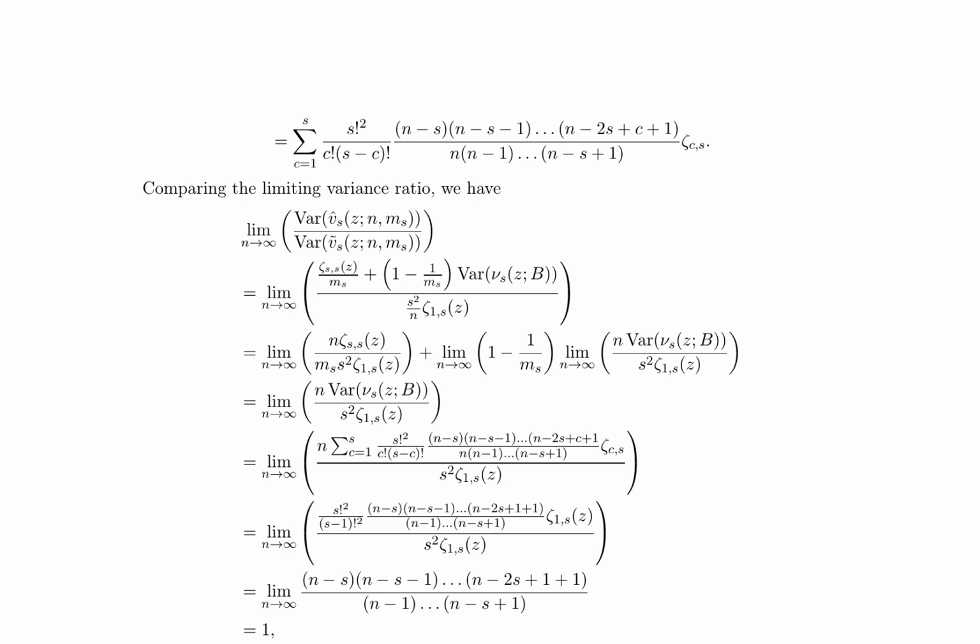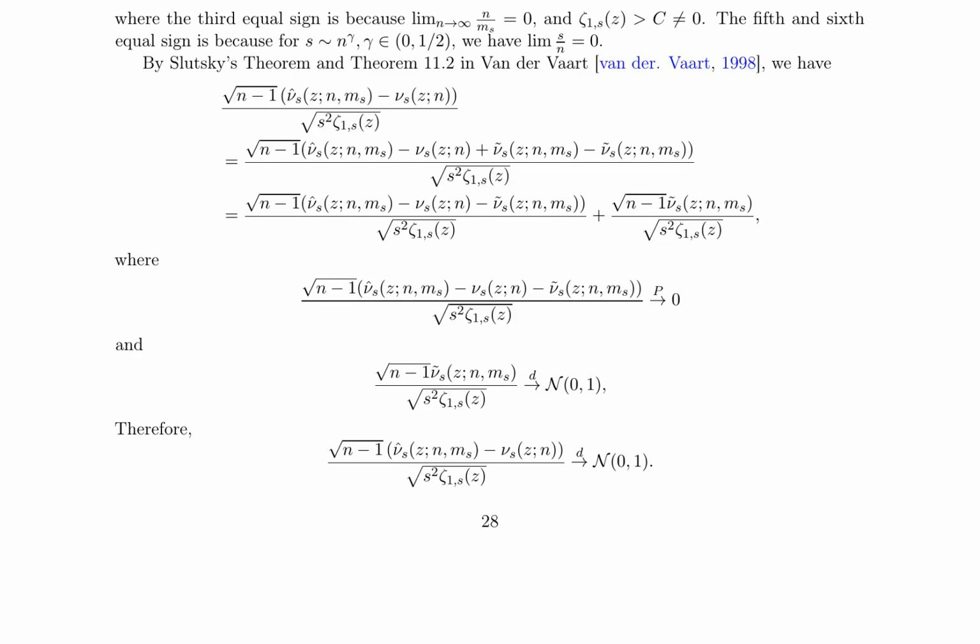To find the limiting variance ratio as n tends to infinity, the authors employ a series of manipulations involving factorials and the definition of ζ_c,s(Z), resulting in a ratio of 1. This implies that the variance of one estimator converges to the variance of the other as n increases without bound.